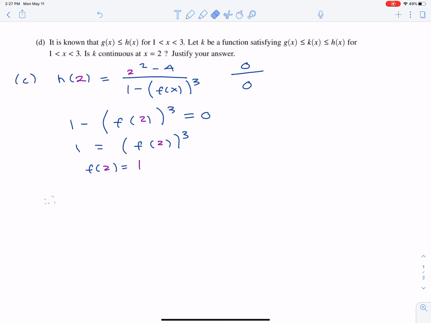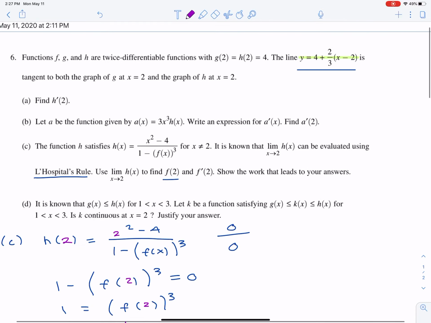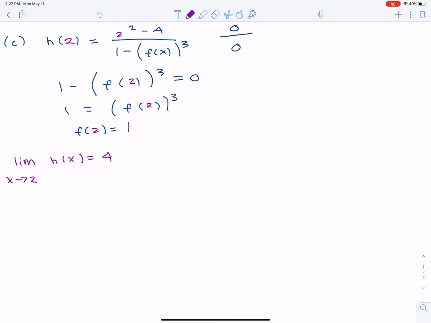let's try this. We know that the limit as x approaches 2 of h of x equals 4. And we know that because we know that h of 2 equals 4. Okay, so as x approaches 2, this limit equals 4.